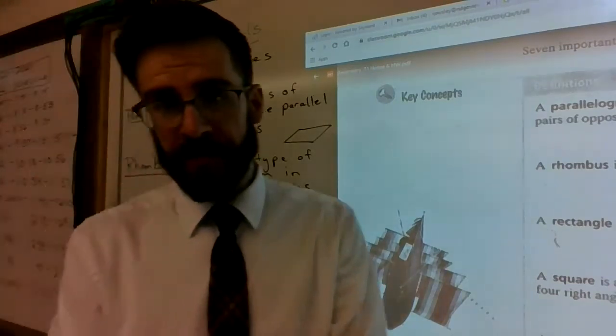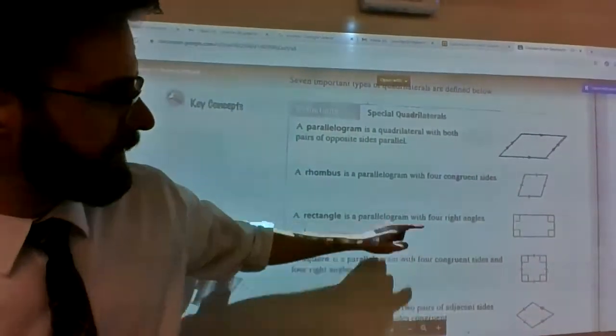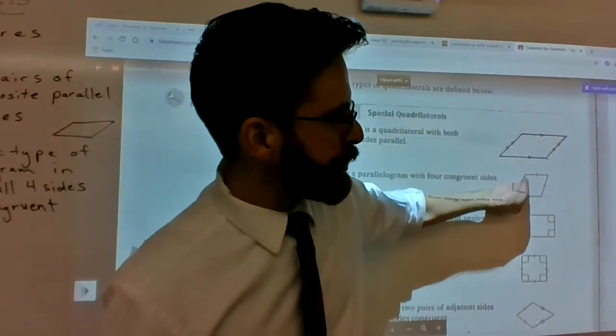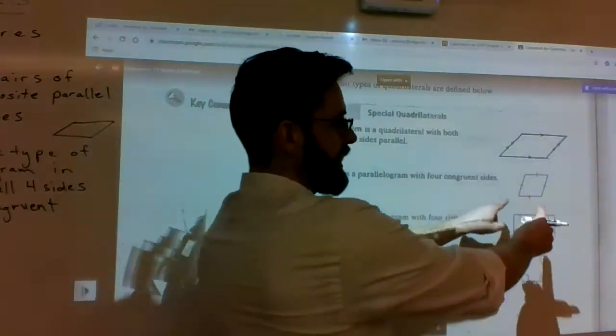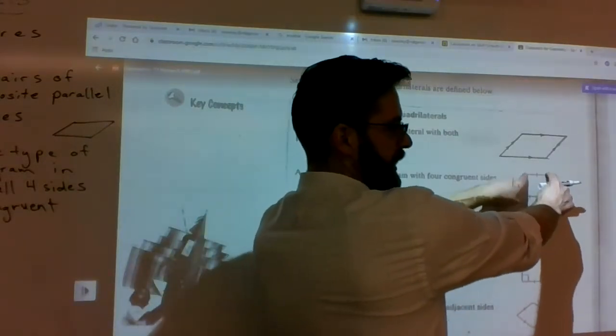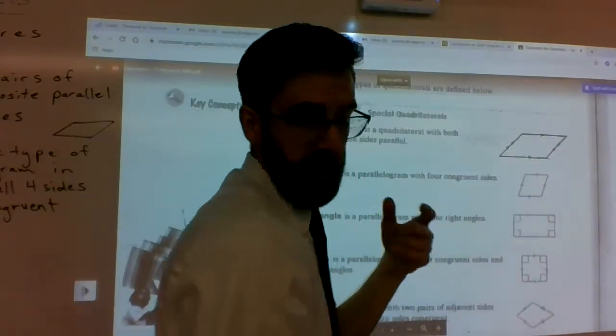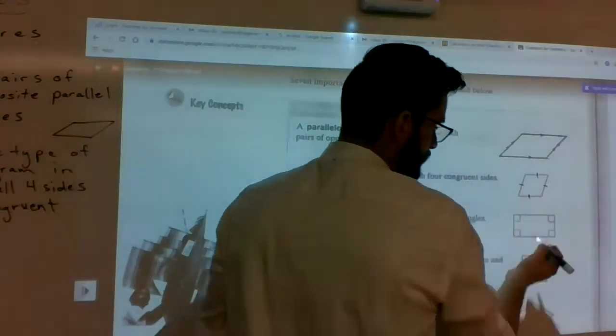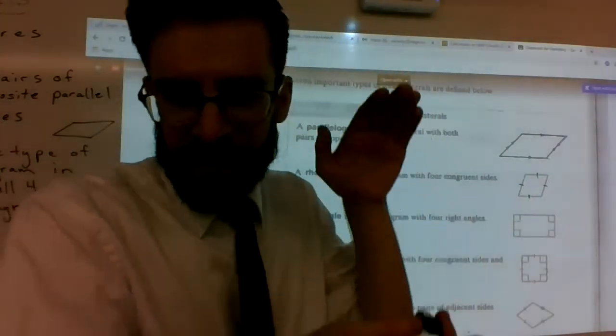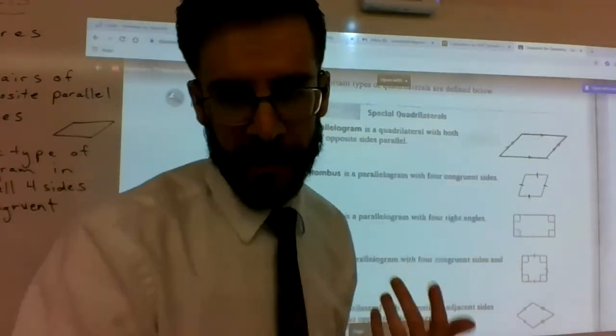So if you look over at the document here, it's still got two sets of opposite parallel lines. These two lines are parallel to one another. These two lines are parallel to one another. It's just all four sides are the same. Think of it like a square that's been stepped on and scrunched, kind of.